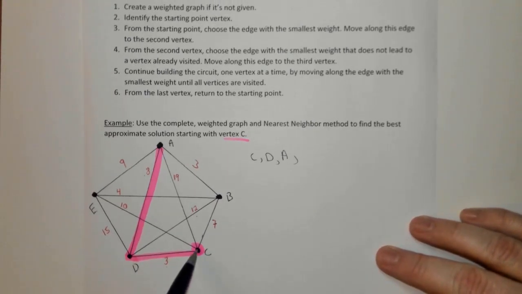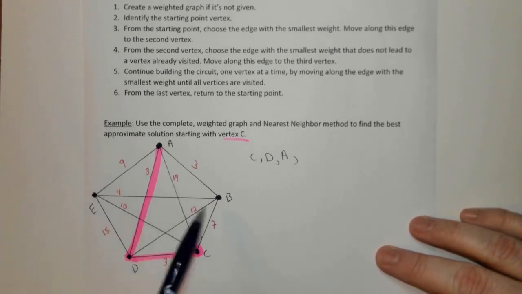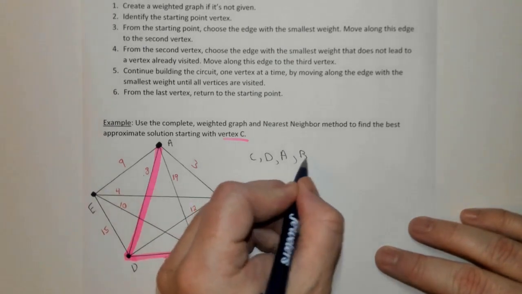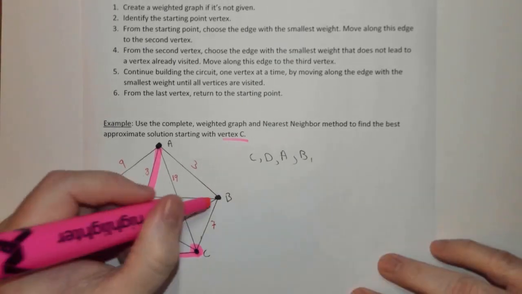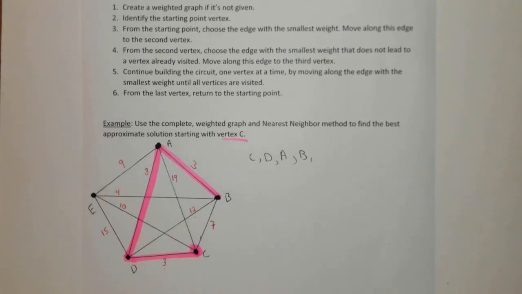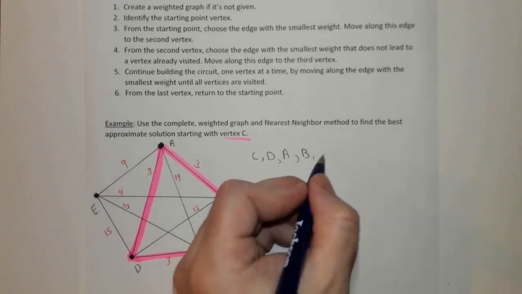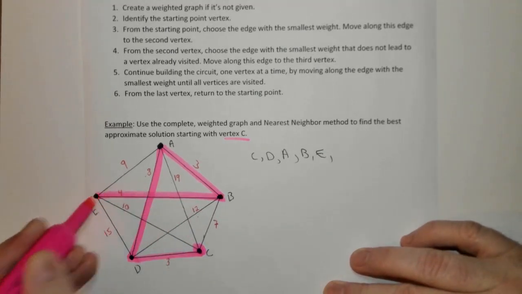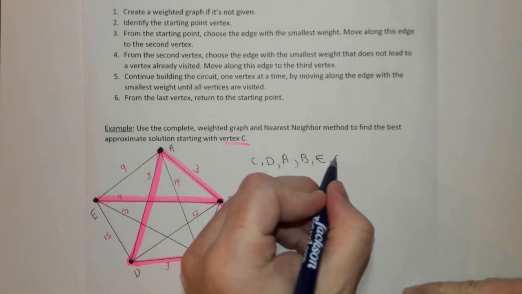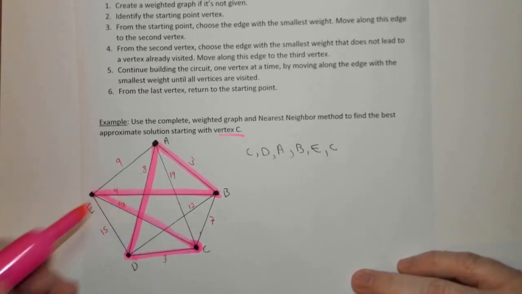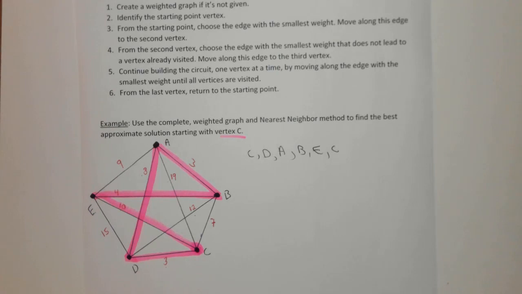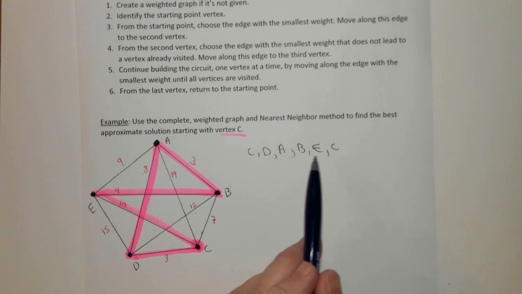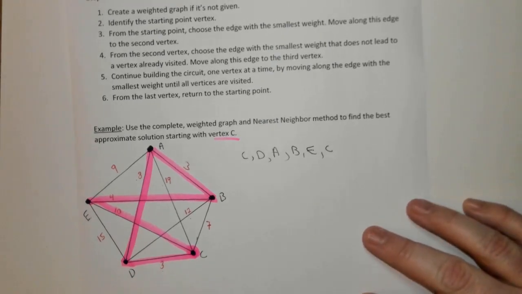And the further we go, the easier it gets because we have fewer and fewer stops along the way. We can't go to C. At this point, I can either go to E or B. 9 versus 3. And then we have to go to E. And then from E, we can return to C. C, D, A, B, E, C. All right.